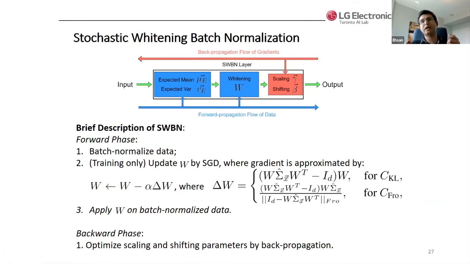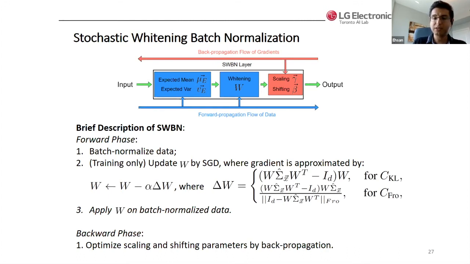So we have a whitening loss, and we extract this W by SGD over that whitening loss surface. And we obtain those gradients not by backpropagation, but analytically. We show that this is more stable when calculating those gradients analytically.